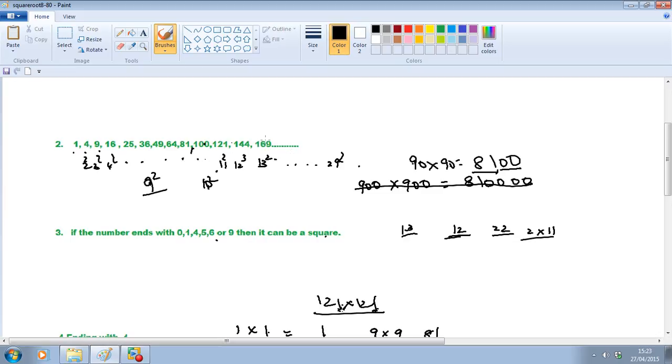When you square some number, square up to 99, you try 99 multiplied by 99, the product will be 4 digits. If it is 100, then what will happen? 100 multiplied by 100 becomes 5 digits.